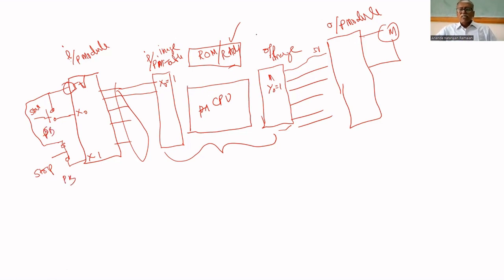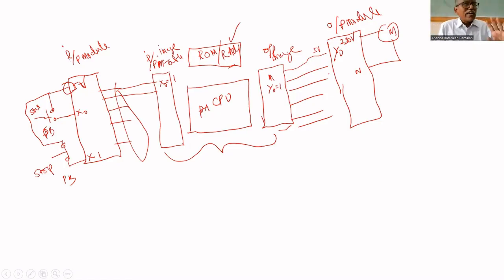On the output side, Y0 is connected directly to the motor. Here 230 volt is available, and neutral is also available, so the motor will turn on. If I press the start button, the motor will be turned on. For that, we have to write the program.